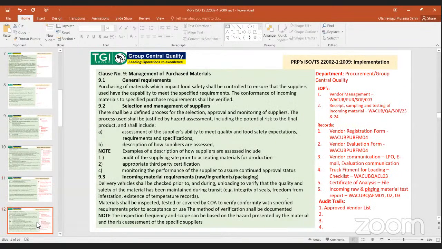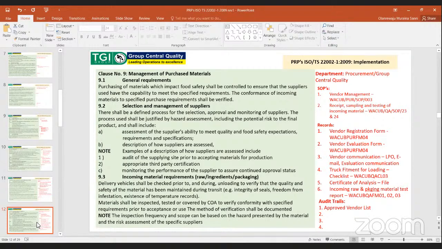The next is purchased material, which is clause 9. Purchase of material which impact food safety shall be controlled to ensure that the suppliers have the capability to meet the specified requirement. The conformance of incoming material to specified purchase requirement shall be verified. That is where we come in. We need to identify our vendors.